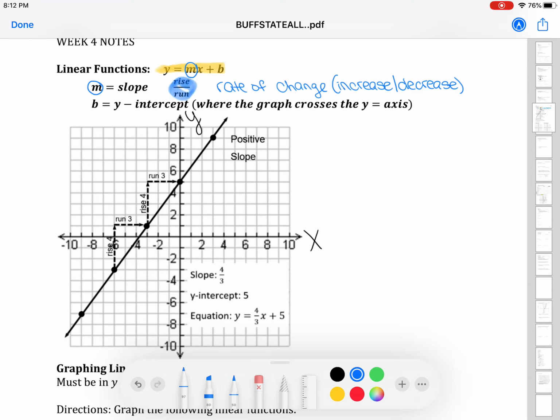Something I didn't mention yet, but we're going to go over it right now, is this right here, rise over run.